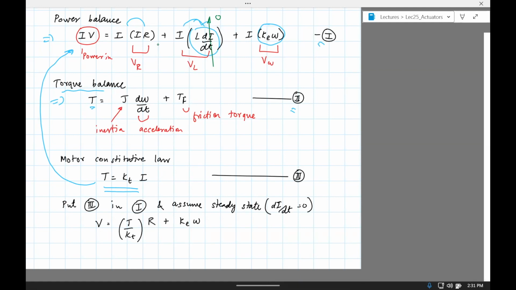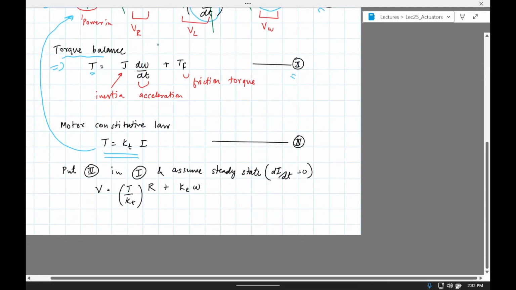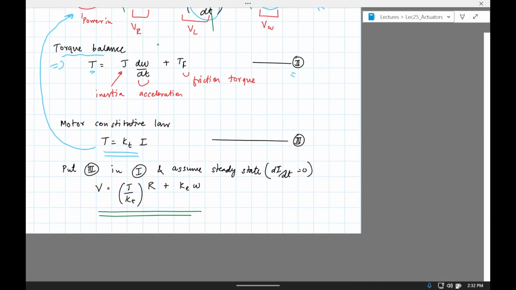So we can sub in the value of I, and of course the I is cancelled here. When you sub it in, you get something which looks like this. It tells you, for a given voltage, what is the torque produced. And the speed, these are the two numbers here: torque and speed, and you cannot independently control them. Some of these are determined by the load which is on the shaft of the motor.